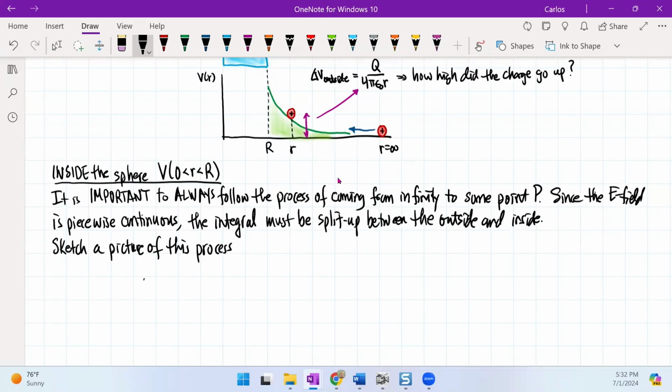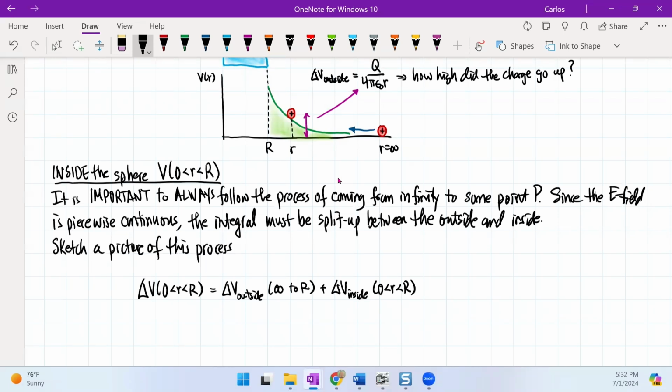So I want to calculate the potential of the sphere where it's going to be between these 2 points inside the sphere. So I have to do what? I need the potential outside the sphere. And what am I doing? I have to integrate from infinity to r. And then once I get inside, I now have a different electric field and therefore a different potential where I'm now inside like this.